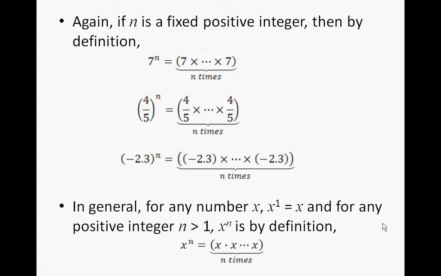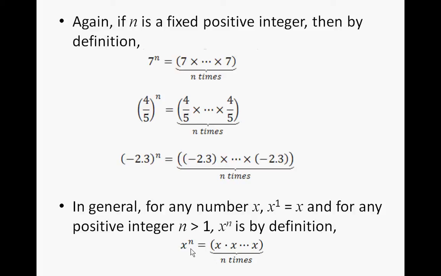So in general, for any number, x to the first power is always x. That's been defined earlier. And for any positive integer n greater than 1, here is the definition.